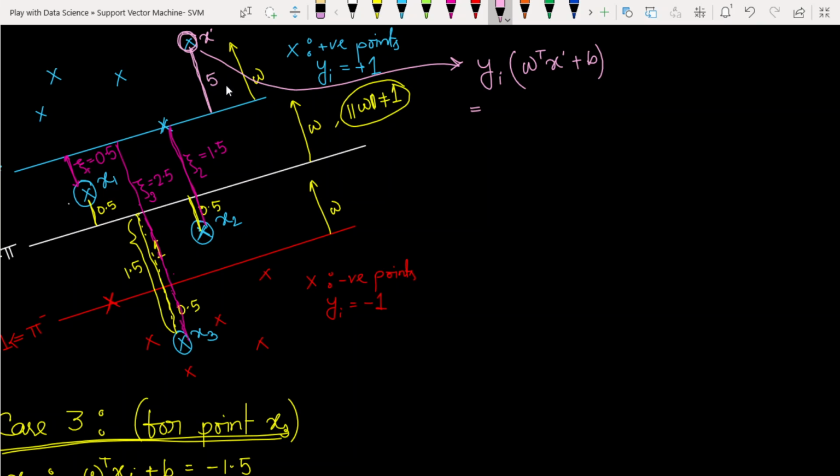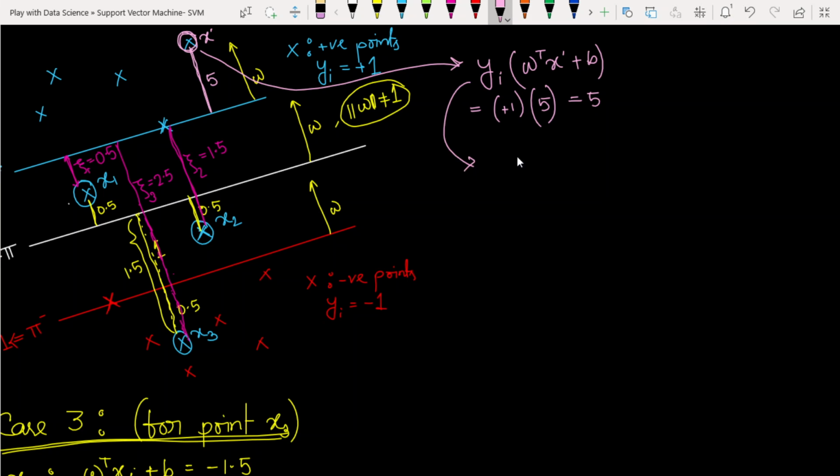It is a positive point, so yi will be plus 1. And because the direction of w is the same direction as from our correctly classified plane pi plus, this value will simply be positive. And this value will be 5, so this equals 5.